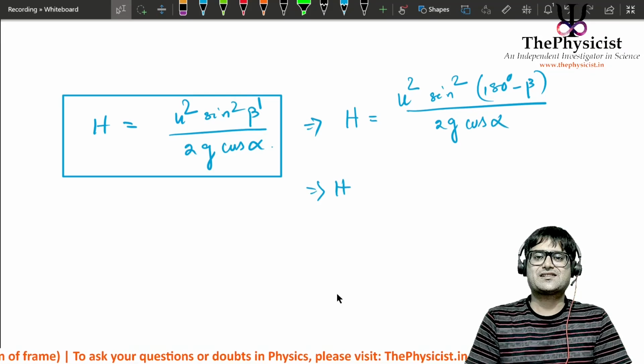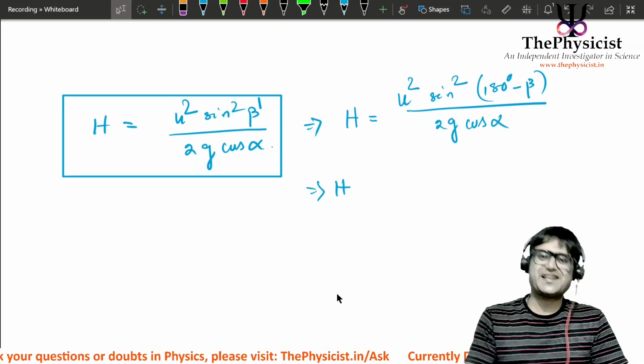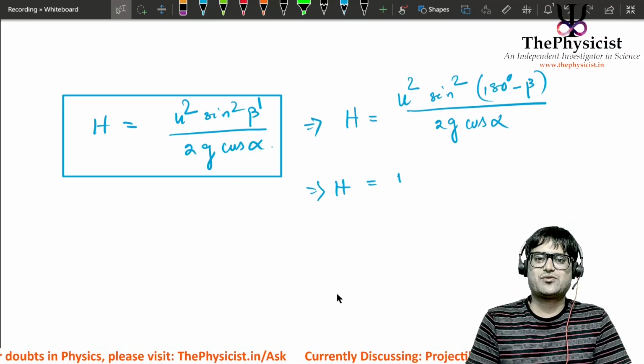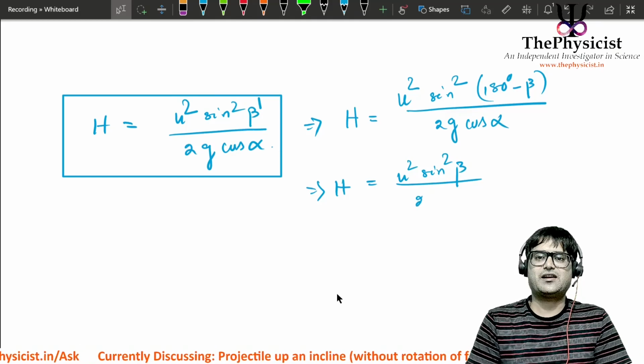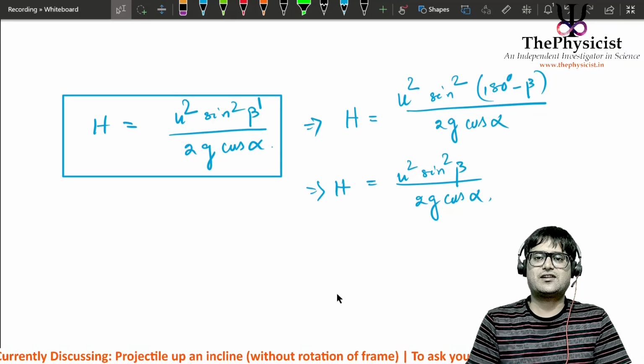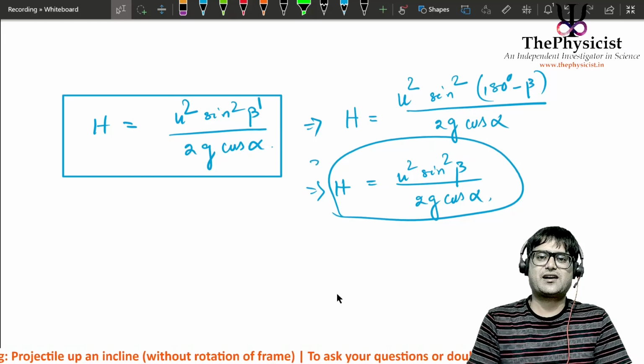Sine of 180 degrees minus beta is still sine beta, so it's u squared sine squared beta divided by 2g cos alpha. Clear? That's your part 3.